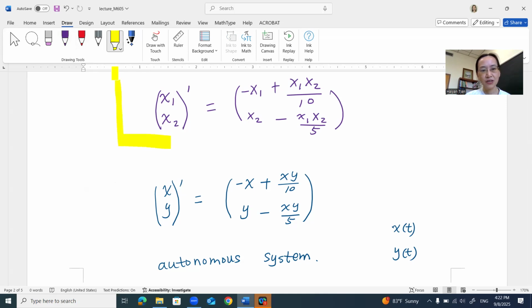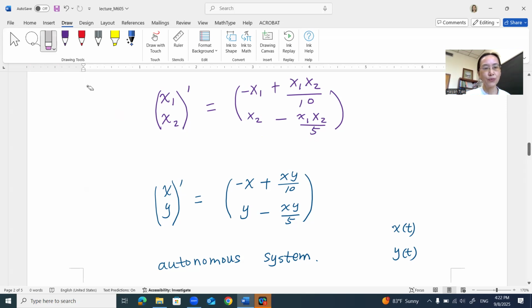Right, so now, what's the advantage of this notation? If you have more equations in the system, you can have up to n components. Then in that case, this notation is convenient.